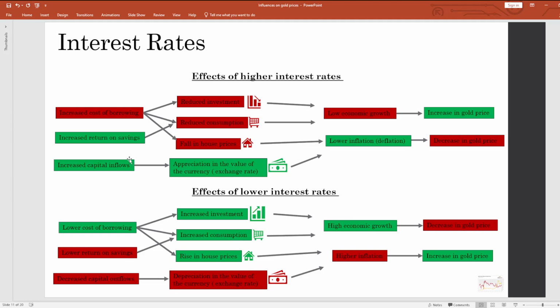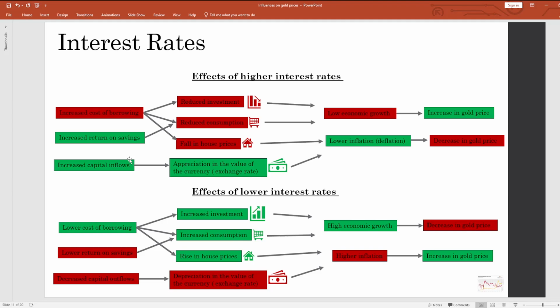So what do I mean by increased capital inflows? Higher interest rates basically mean that savings rates in a given country are going to be higher.